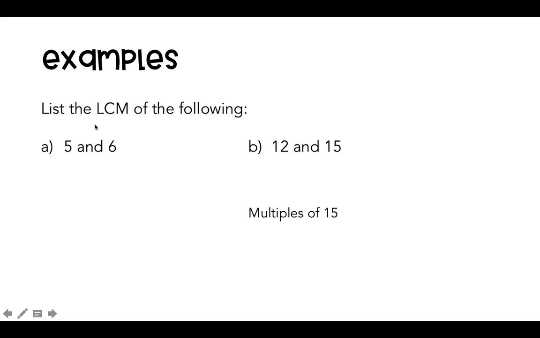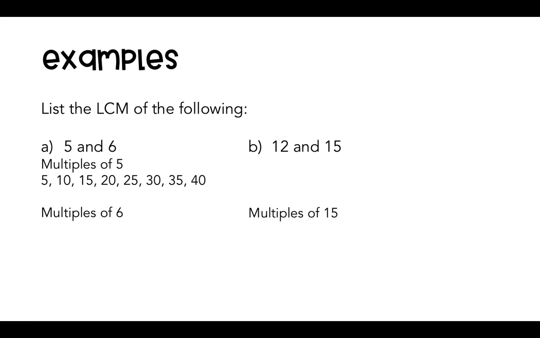I want you to pause this and find the lowest common multiple of 5 and 6, and 12 and 15. Okay, so 5 and 6 first. Multiples of 5 are 5, 10, 15, 20, 25, 30, 35, 40. So I'm going to put down 8 there.